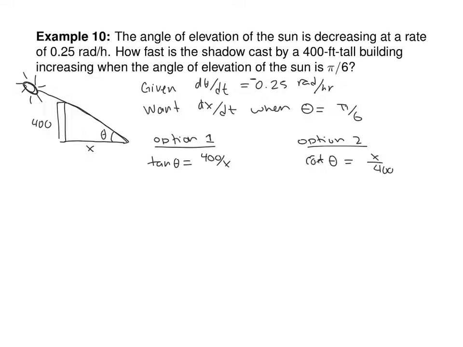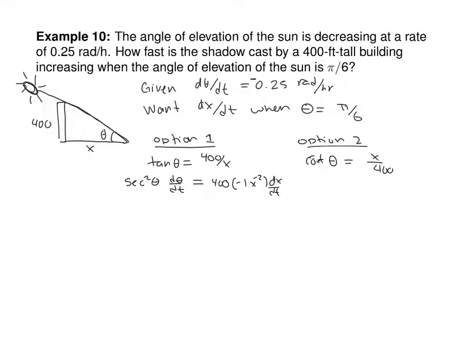Option 2 is better, and I'd like to tell you why, okay? With option 1, take the derivative. You get secant squared theta d theta/dt equals 400 times negative 1 x to the negative 2 dx/dt.